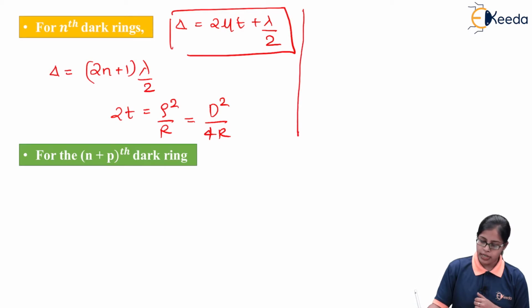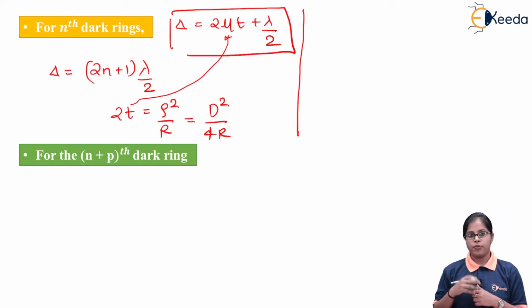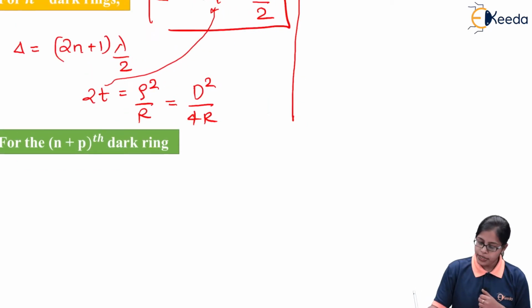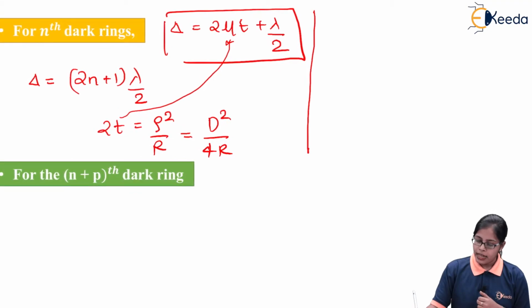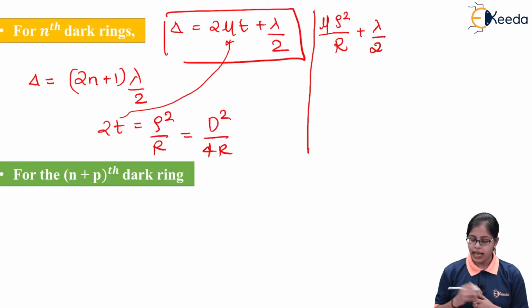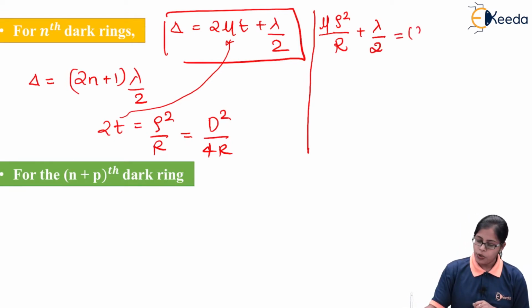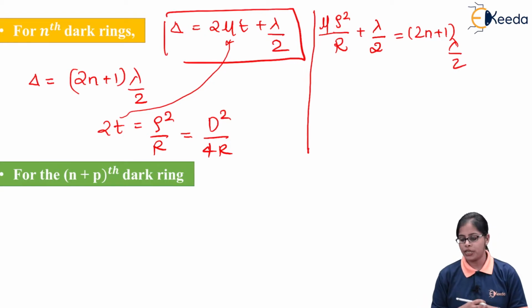So if we make use of all the equations, that is, if I put this value of 2t, instead of 2t I'm writing rho square by r, and I have an extra term mu in the numerator, plus lambda by 2, and that is equal to the path difference, that is the condition for the dark ring. This is nothing but (2n plus 1) lambda by 2. So this is the condition which we are talking about.